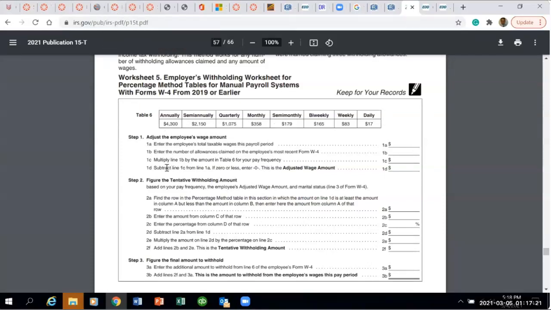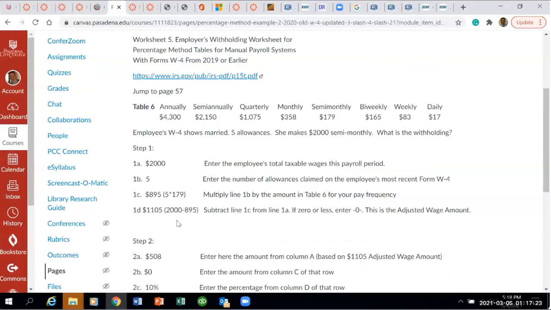So you continue in step 1. You say, okay, 5 allowances times 179 gives me 895. 895 subtracted from the gross payroll of 2,000 gives me an adjusted wage amount of only 1105.